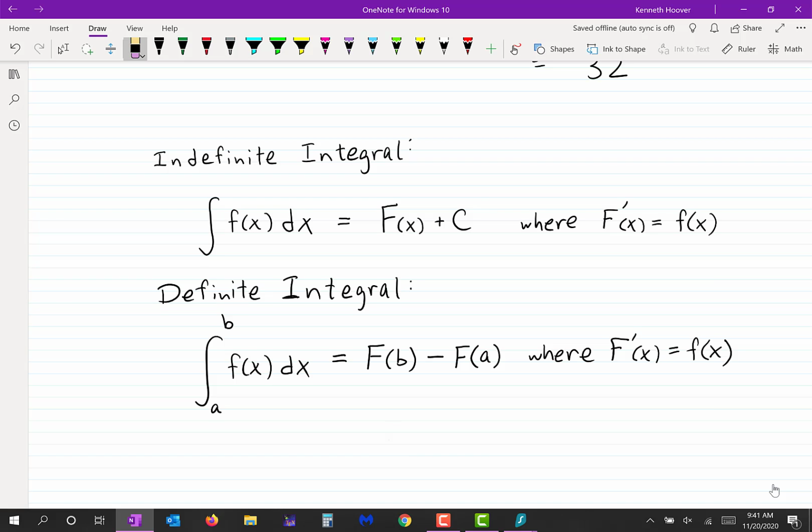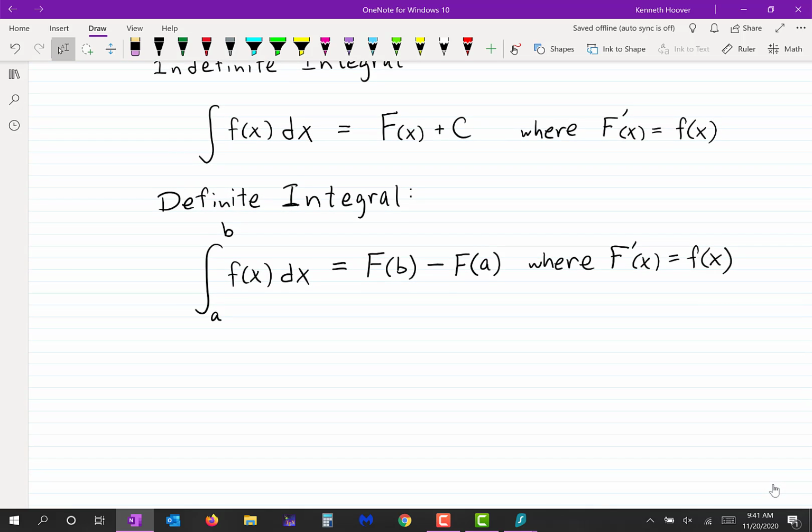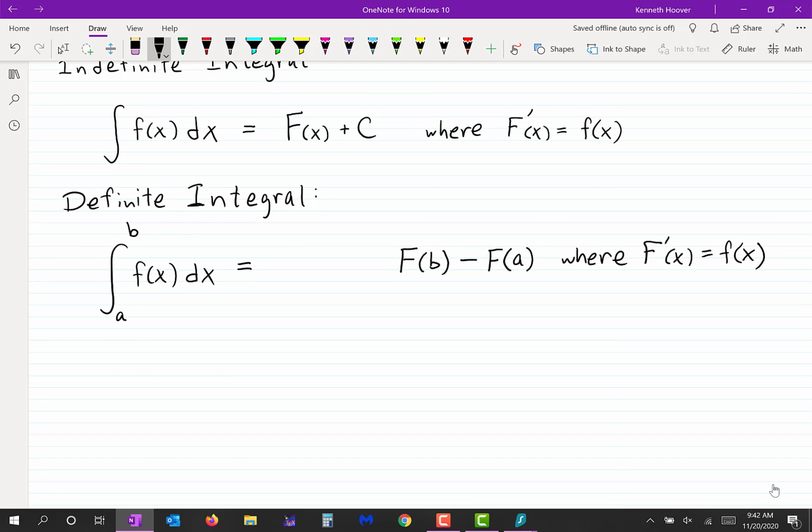And by the way, there's an intermediate set of symbols that you write down in the middle, and that is this. Let's bump this over. Because there's really two things you need to do here. You need to, number one, find the antiderivative. That's the first step.